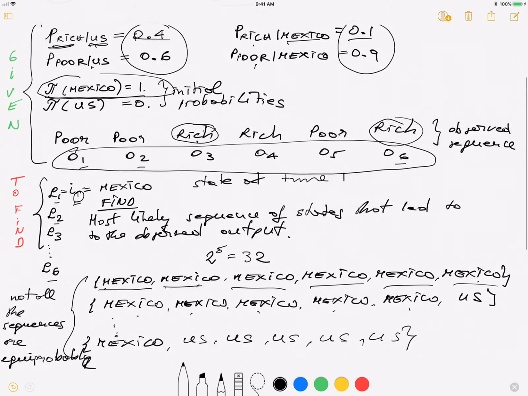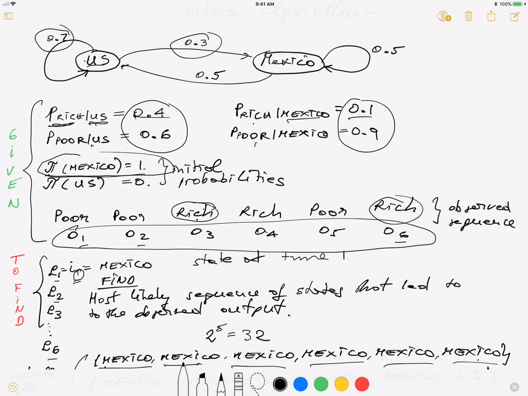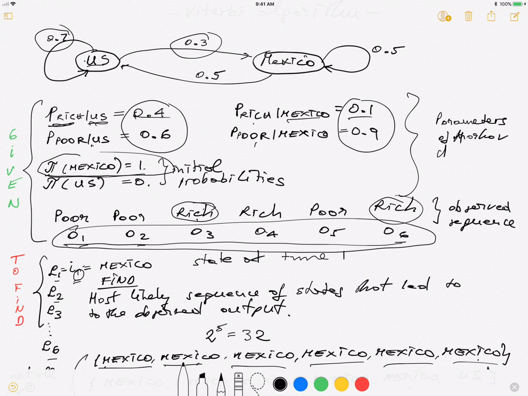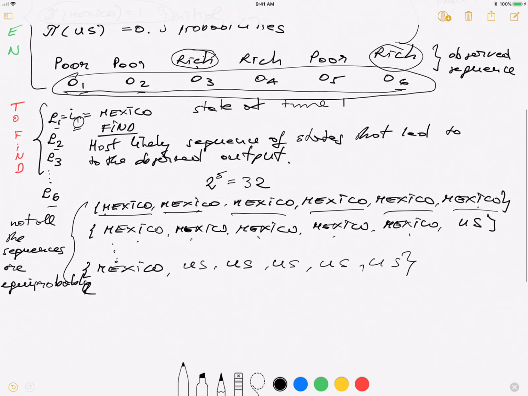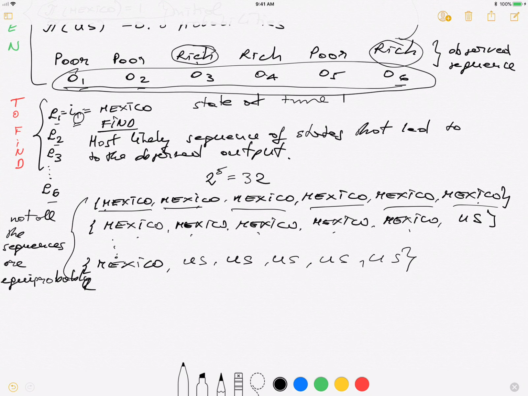And again, what is our goal? Our goal is to start from the output sequence, which is known, and knowing all the parameters of the Markov chain and the observed sequence, find the most likely sequence of states that led to the observed output.